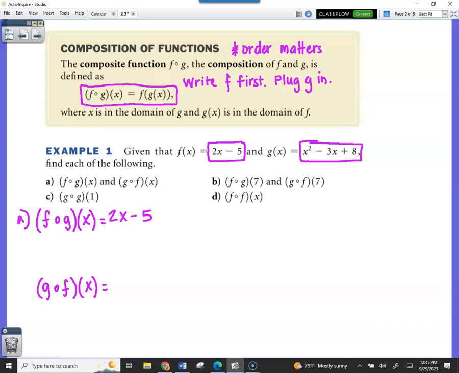Now I'm going to beep out the x, because I'm plugging in function G. We're plugging in G. So I'm going to write 2 times, minus 5.